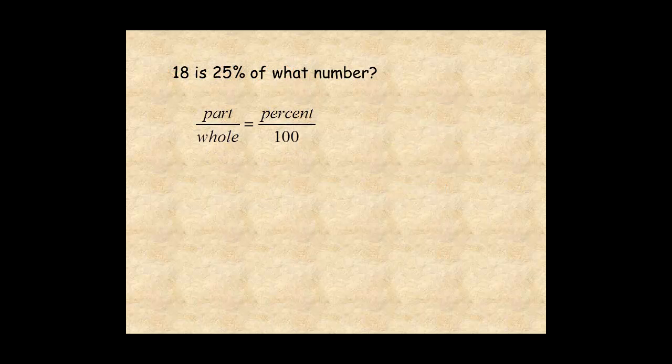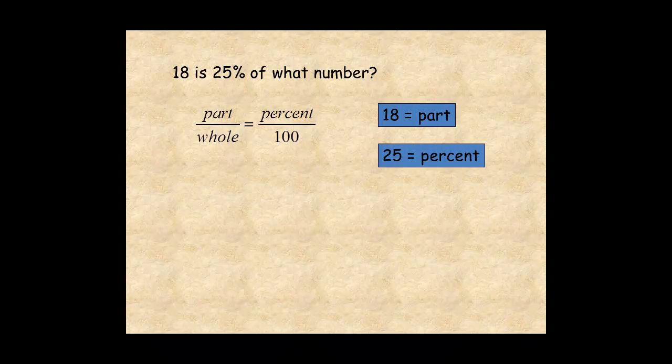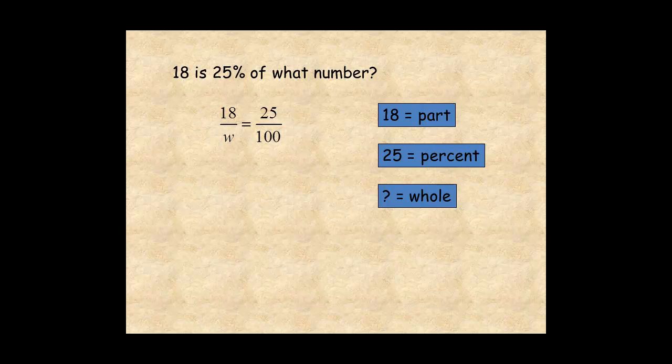The third example, 18 is 25% of what number? For this question, 18 is the part, 25 is the percent, and you need to find the whole. So the proportion is 18 over whole is 25 over 100.